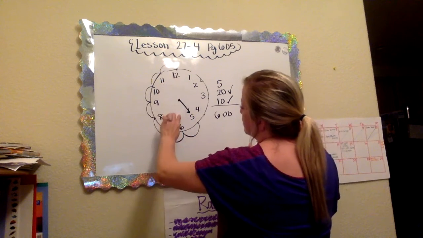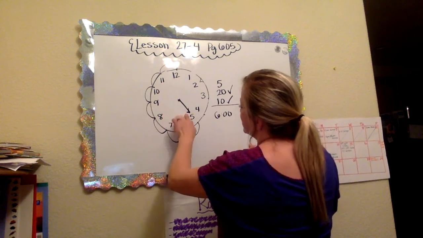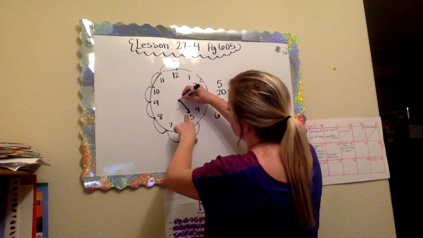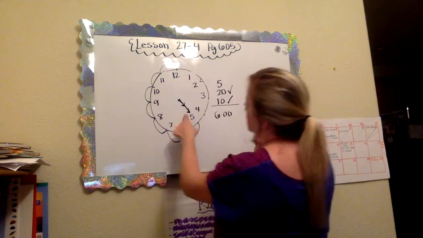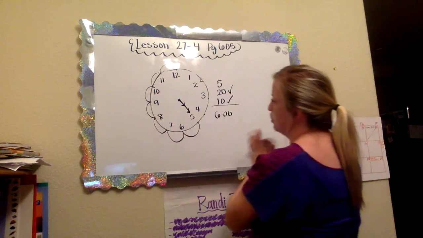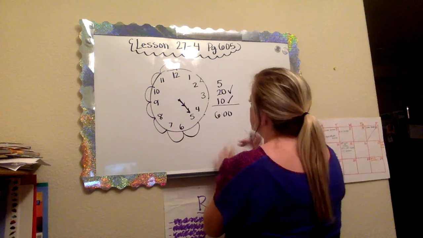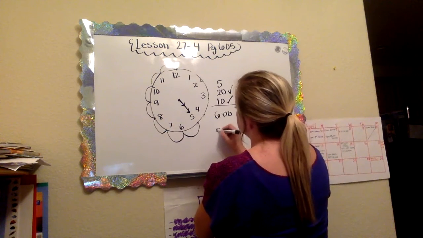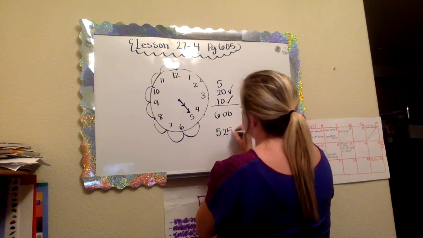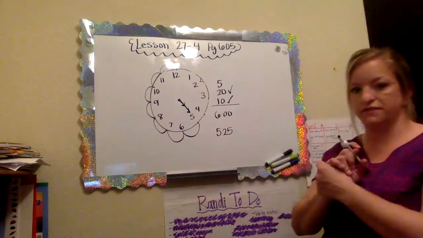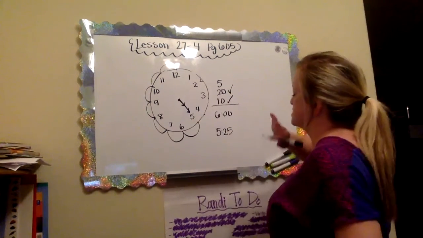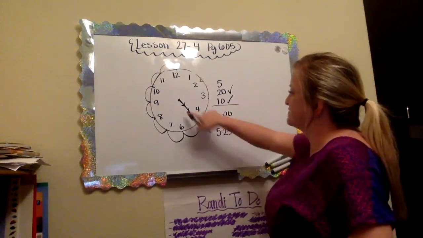But before my hour hand was at the 6, it was at the 5. So both of my hands are on the 5, and that means it is 5:25. 5 groups of 5 is 25, but it's 5 hours.